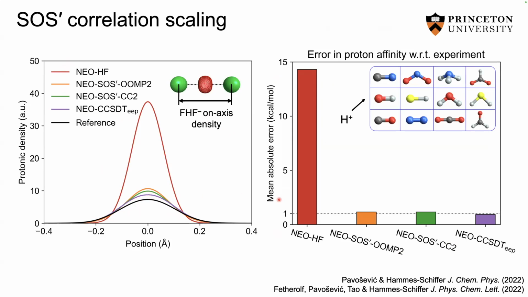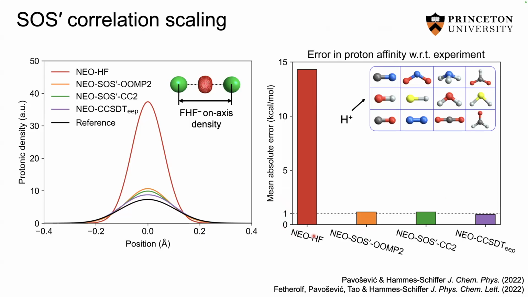It's even better in the case of energetics, where now this scaling factor is actually correcting the 0 point energy to be in almost quantitative agreement with coupled cluster theory and very, very close to the level of chemical accuracy.